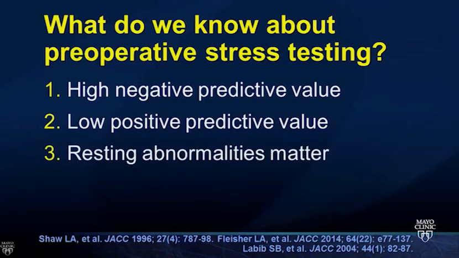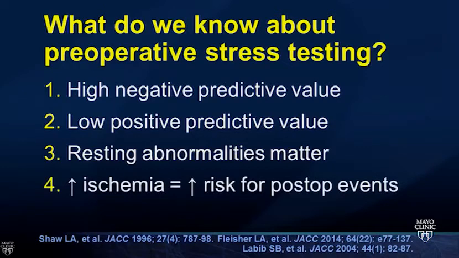Number three, resting abnormalities matter. What does that mean? That means if you have fixed perfusion defects on nuclear imaging stress tests or fixed wall motion abnormalities on stress echocardiograms, that still conveys a higher risk independent of the amount of ischemia. Number four, ischemia matters.